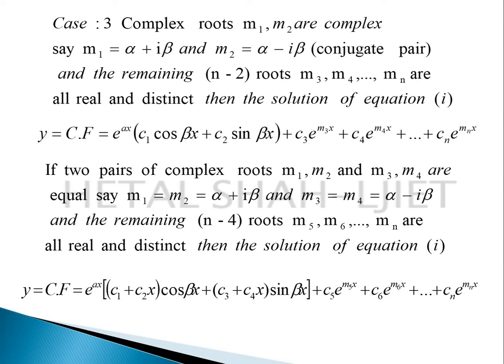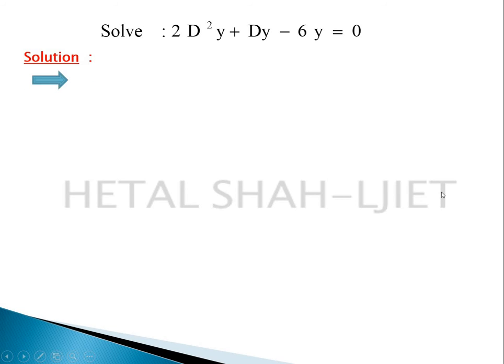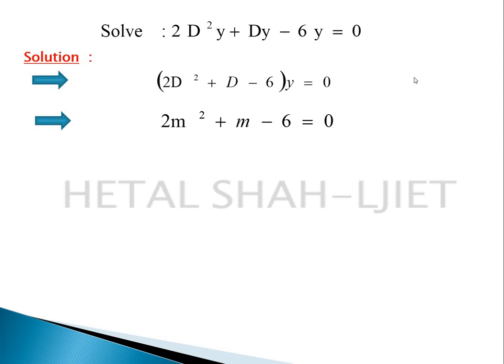Okay, so students, now we apply all these cases in examples. So start with the first example. Solve 2D square y plus Dy minus 6y equal to 0. So the auxiliary equation of this equation we can write as 2m square plus m minus 6. Here we substitute m instead of capital D, and the multiple of y is equal to 0.